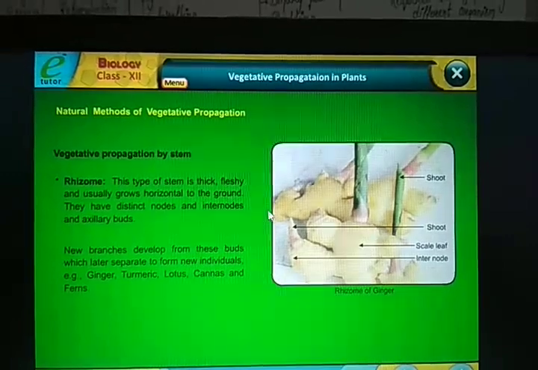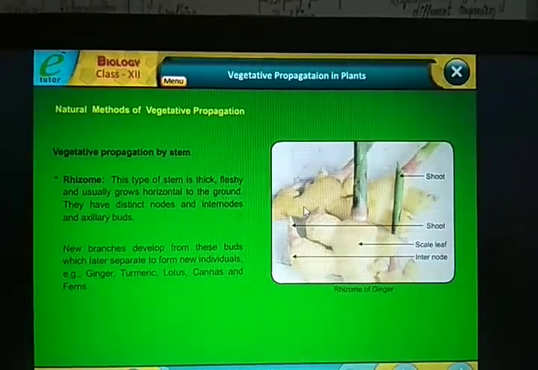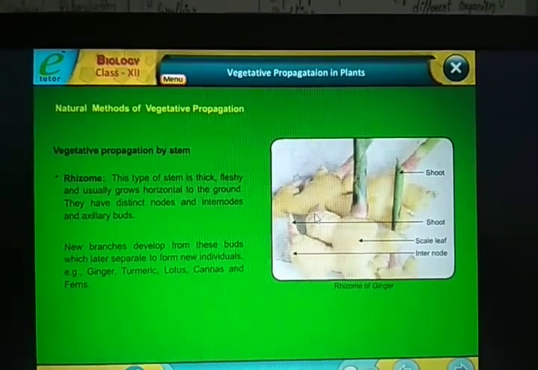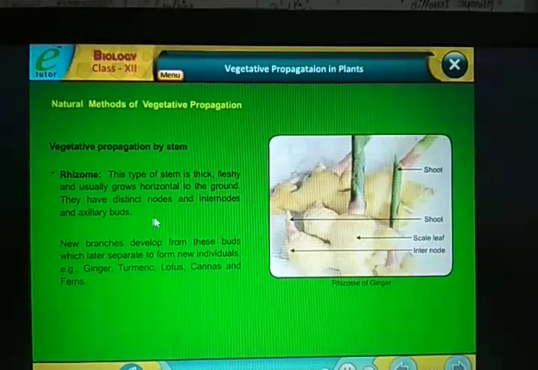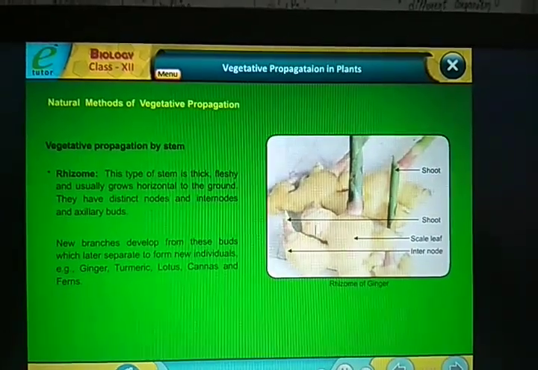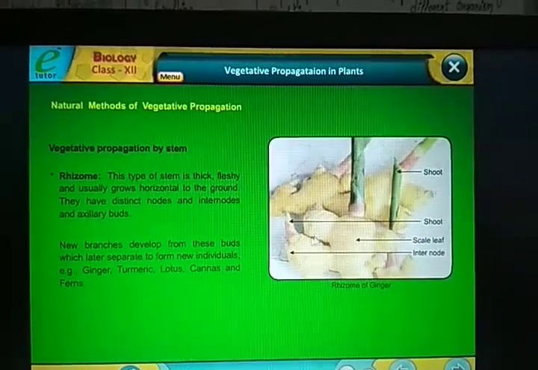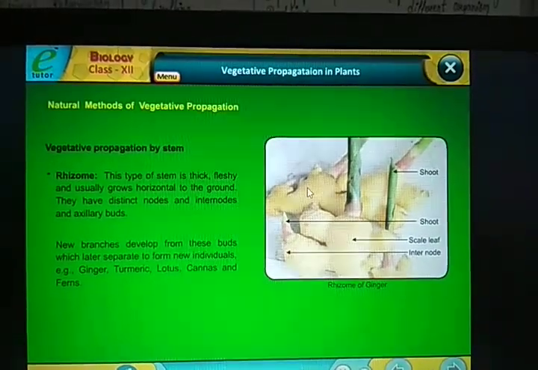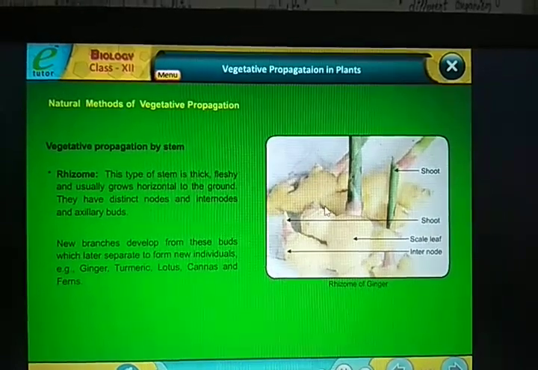This is a rhizome, for example in ginger and turmeric. These are also modified forms of the stem. Scaly leaves are present in the ginger as well as in the turmeric.